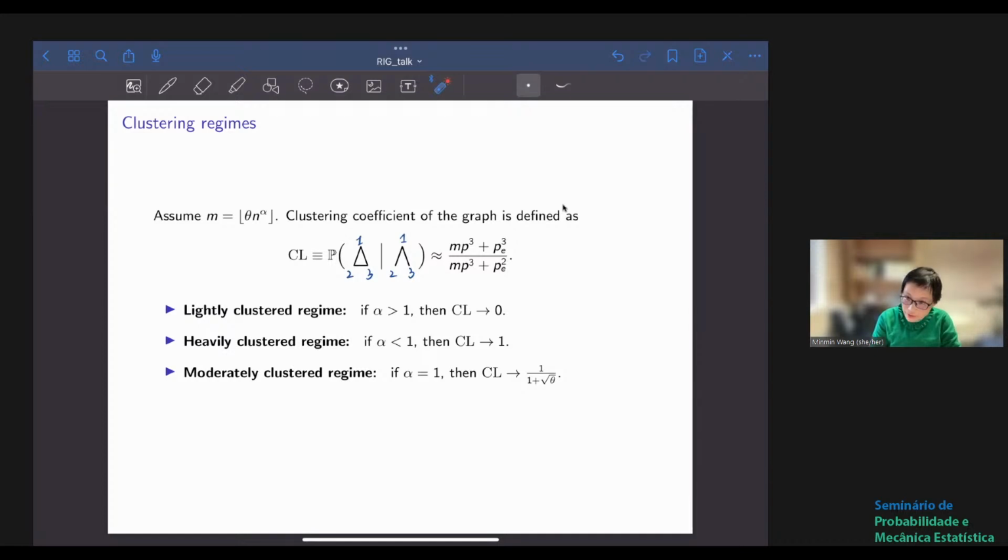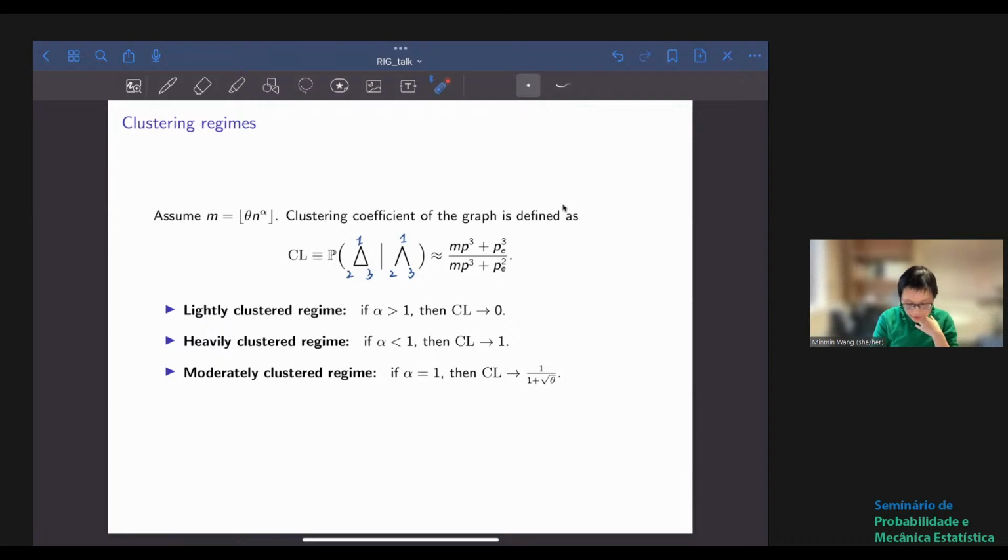That happens with probability p cubed for one group, times m, that gives you the first possibility. Or you can have each of these edges coming from a different group. In that case, these edges are roughly independent, and we already know the probability of having an edge in the random intersection graph is p_e. So the second possibility is given by p_e cubed. Then you can do the denominator in a similar way.